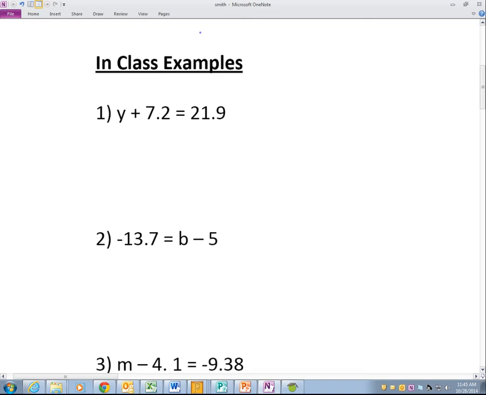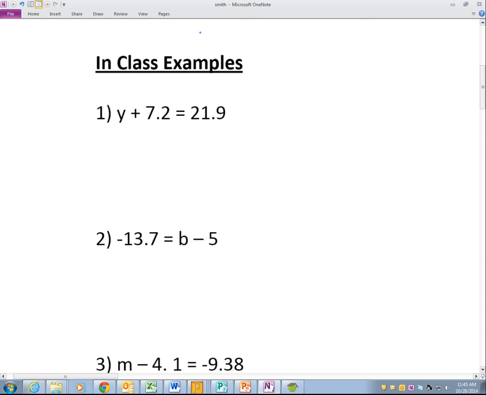Okay, so what's the first thing we need to know about an equation like this? Okay, 7.2 is being added to it. And why is that significant? Because what's our goal whenever we see an equation?